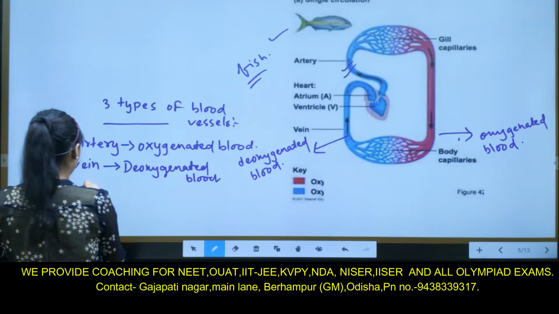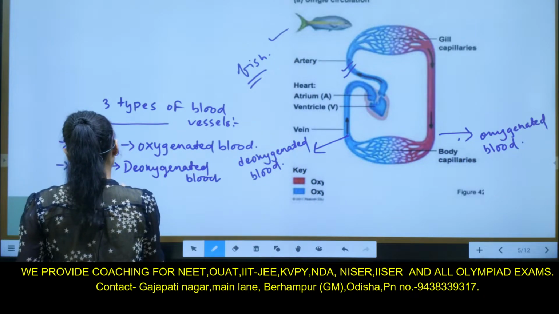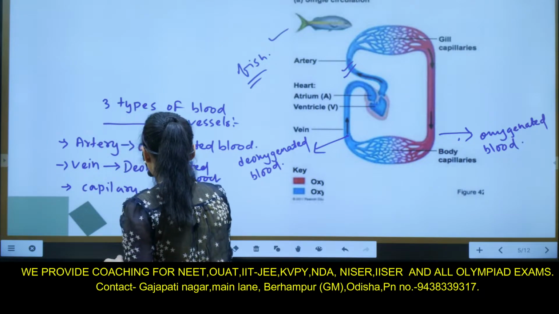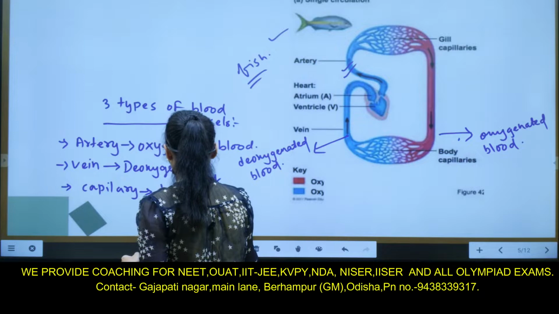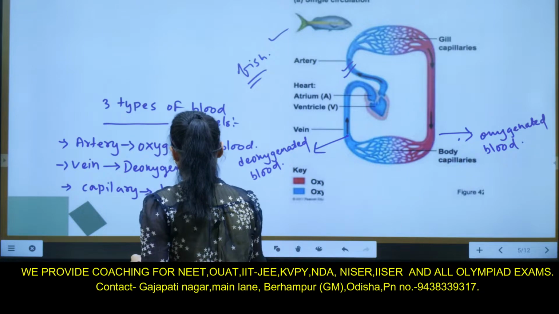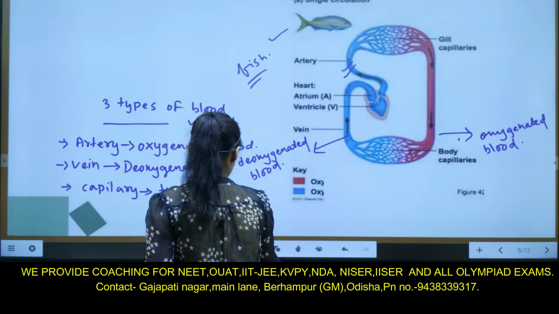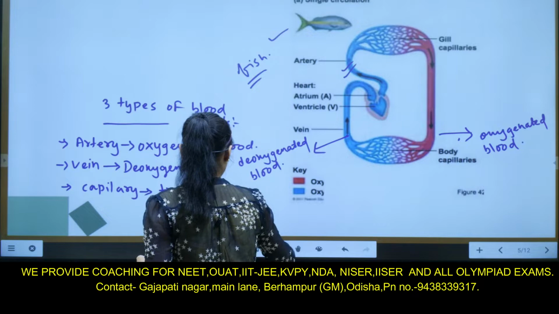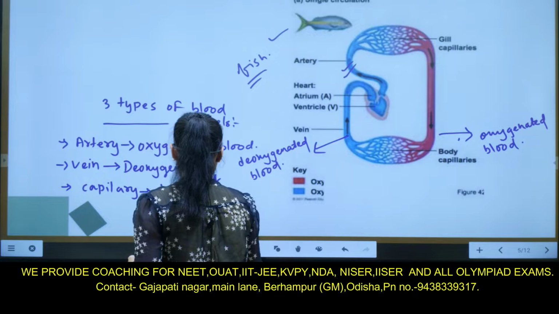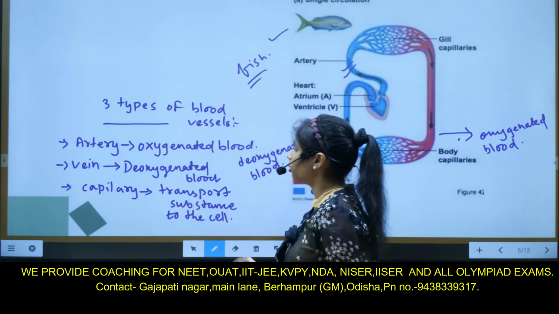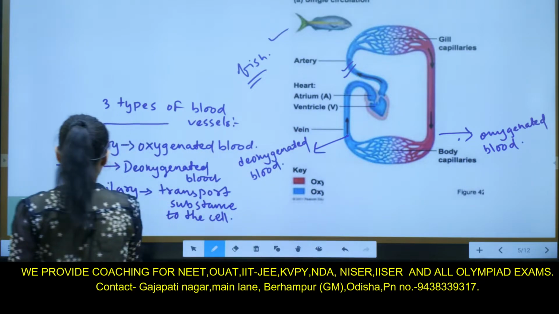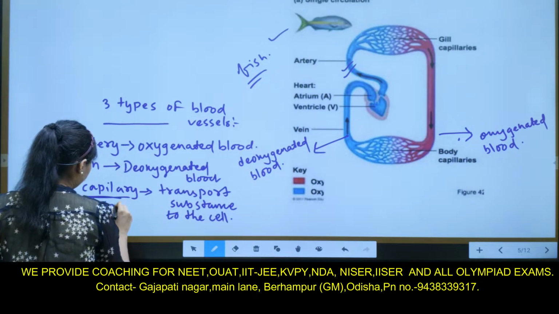And the third one is the capillary that transports substances to the cell, as it is the closest vessel to the cell. So the capillary is the smallest blood vessel.